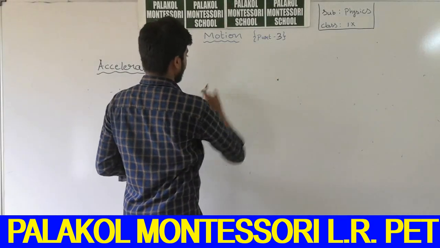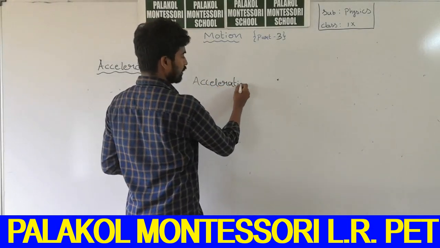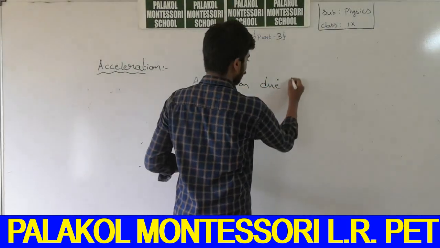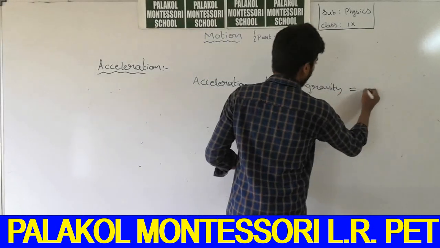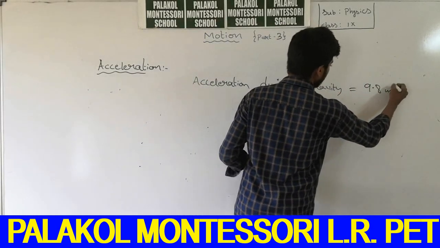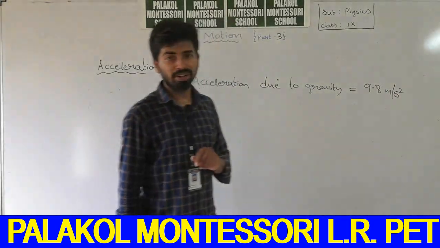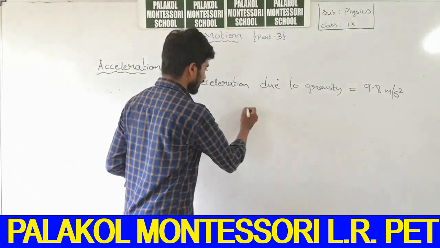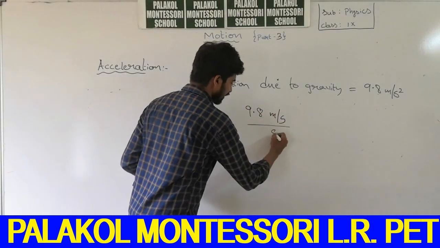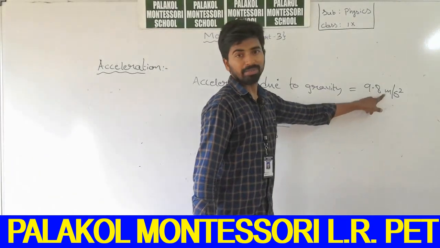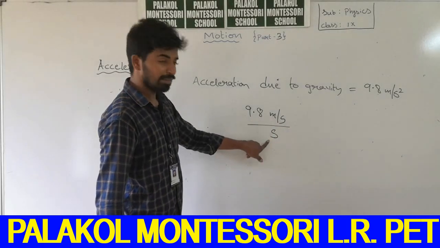The acceleration due to gravity value is 9.8 meter per second square. What is the meaning of this? 9.8 meter per second square is nothing but 9.8 meter per second per second.